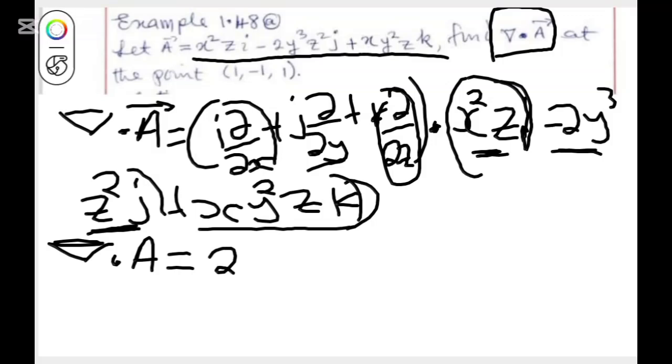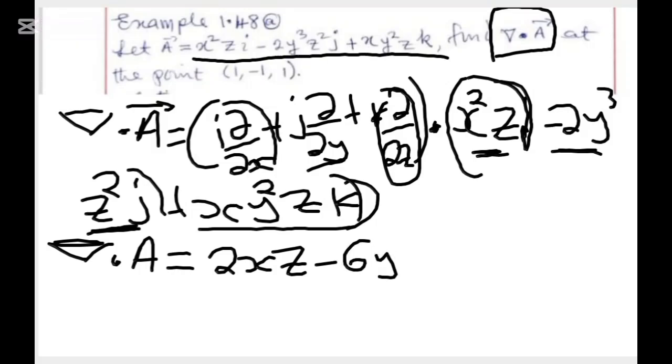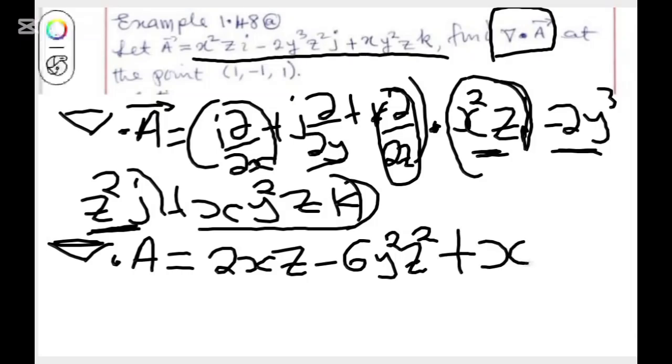So therefore I'll have 2xz. And also if I differentiate the j part with y, I'll get minus 6y squared z squared. Also, if I differentiate the k part with z, it will become 1, I'll get xy squared. And therefore, I am asked del dot the vector a.